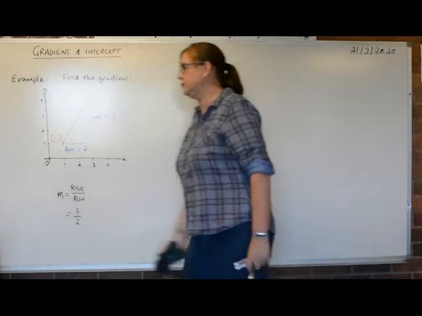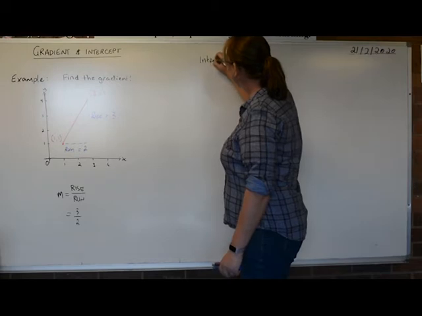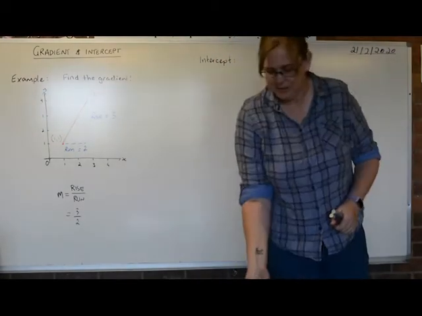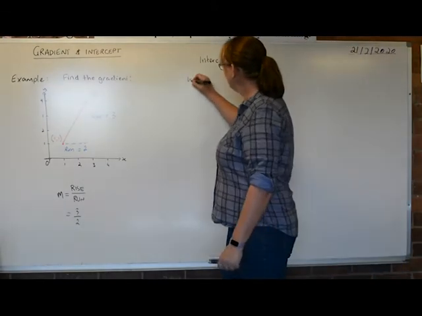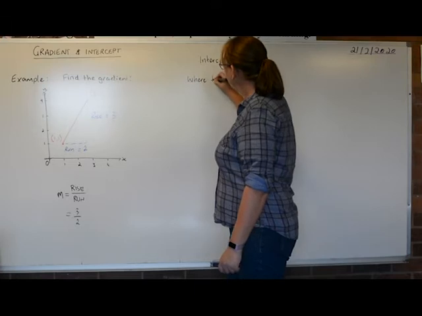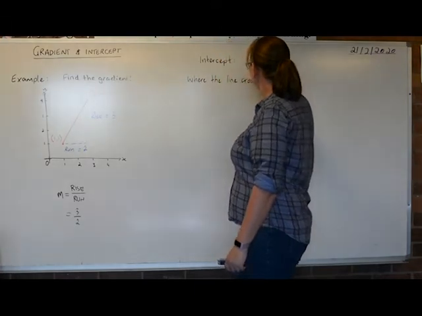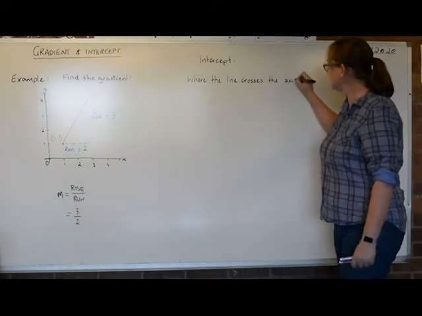Because now we get to talk about the intercept. I don't mind doing the intercept. So, intercept is where the line crosses the axis.